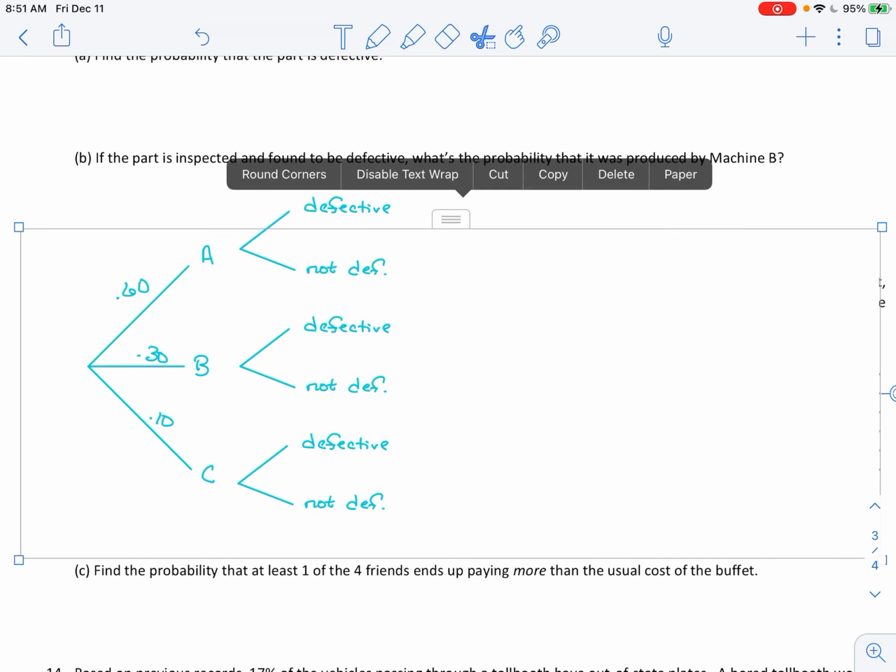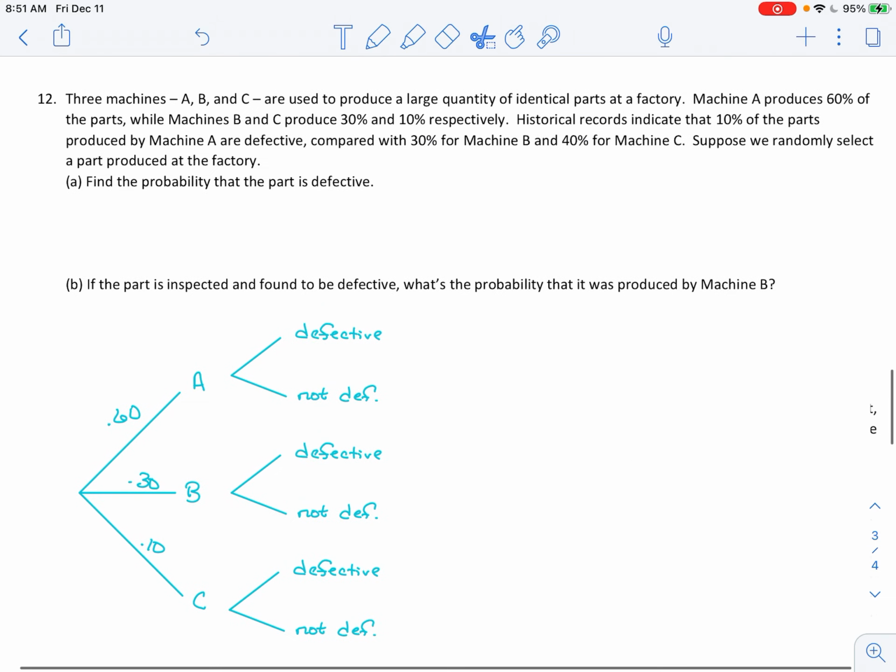Okay, so according to their records, 10% produced by A will be defective, which leaves 90% to be just fine. 30% are defective at machine B, so 70% are fine. And 40% of the parts from machine C are defective, leaving 60% not to be defective.